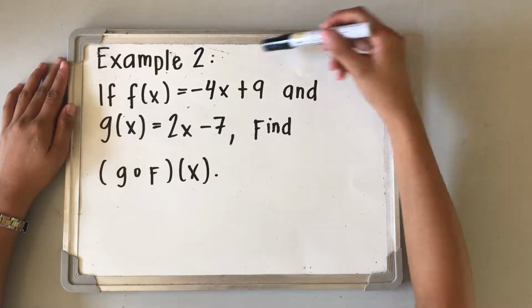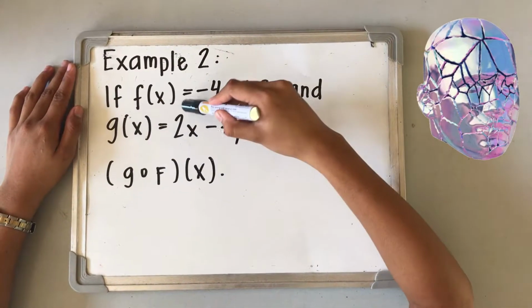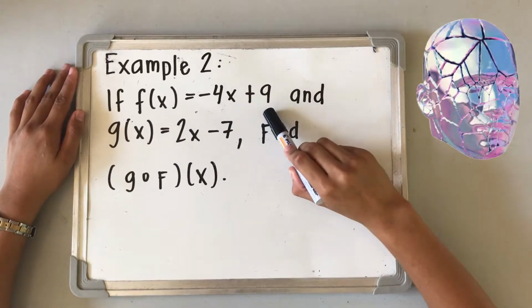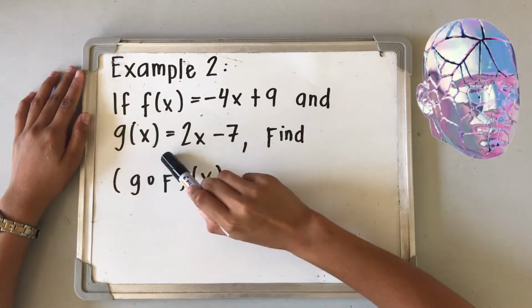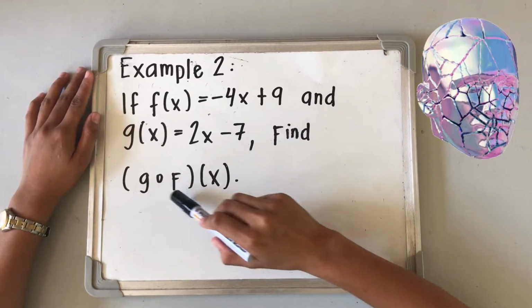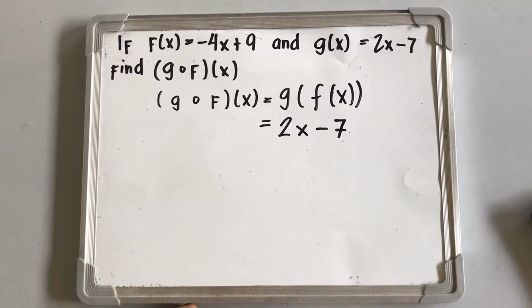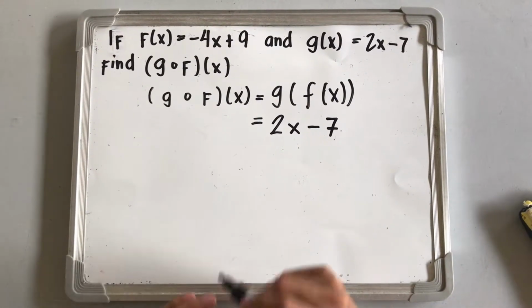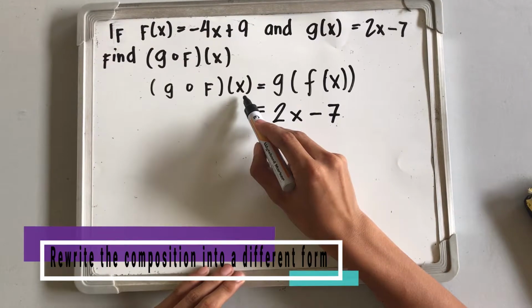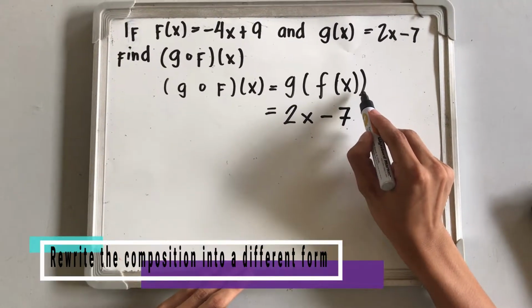Let's proceed to the second example. Example number 2. If f(x) is equal to negative 4x plus 9 and g(x) is equal to 2x minus 7, now we will find g composed of f of x. Like in the first example, first we will transform (g ∘ f)(x) to g(f(x)).